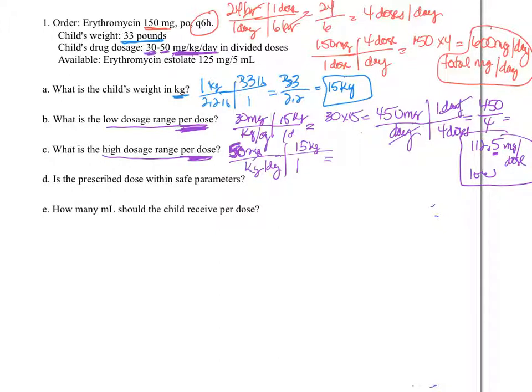So now we're going to take 50 times 15, which equals 750 milligrams per day. Let me erase these little extraneous things here. Per day, 1 day, 4 doses.